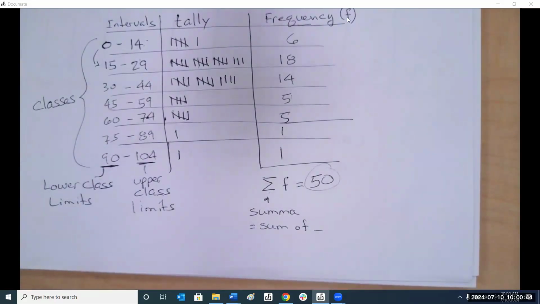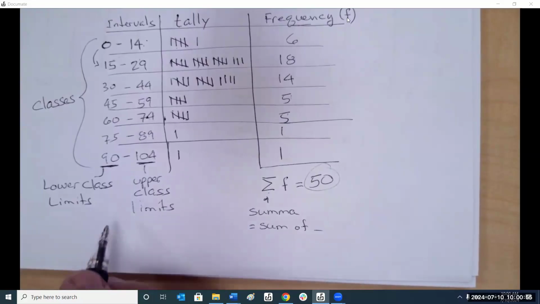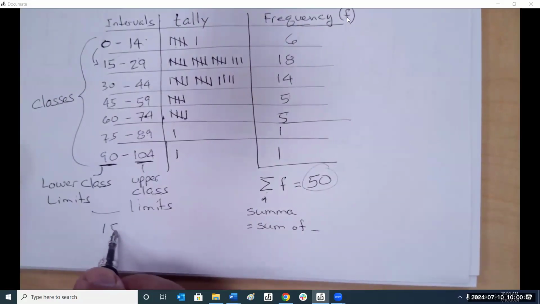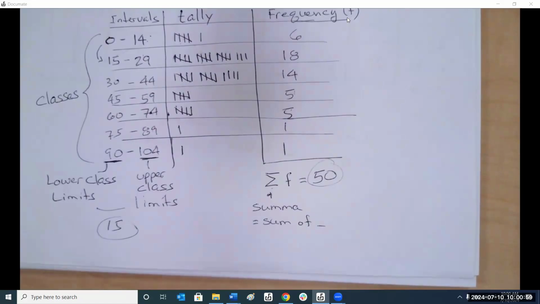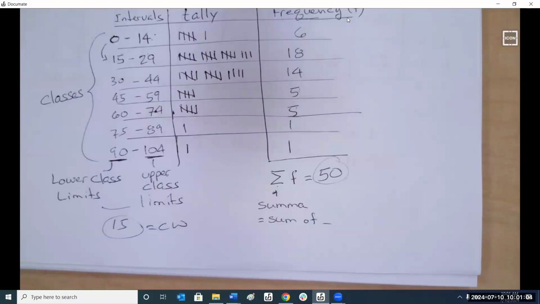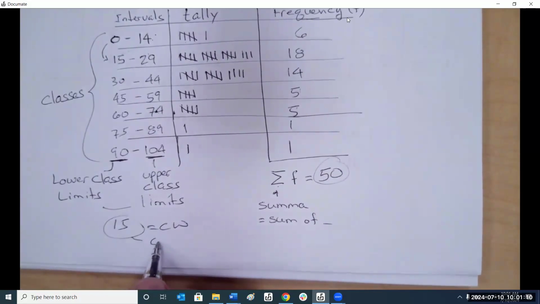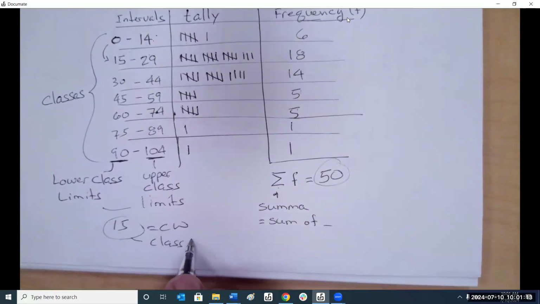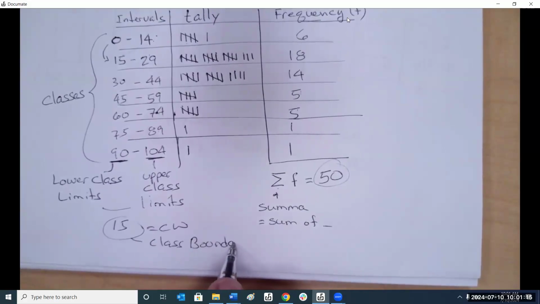What do we know about the upper and lower class limits? How far are they apart? Yeah, they're 15 units apart, which is what we wanted our class width to be. And we can also say this is our class boundary.